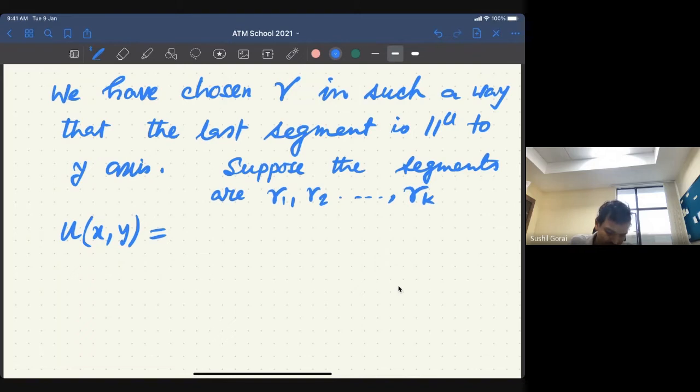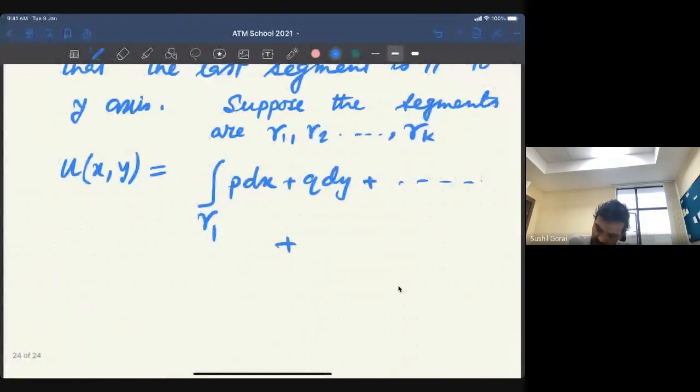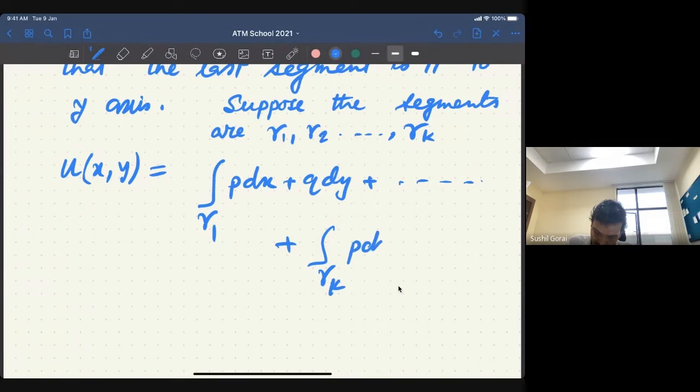So this integration would be the integral over gamma 1 of p dx plus q dy, and so on, plus the last one, which is the integral over gamma k of p dx plus q dy.